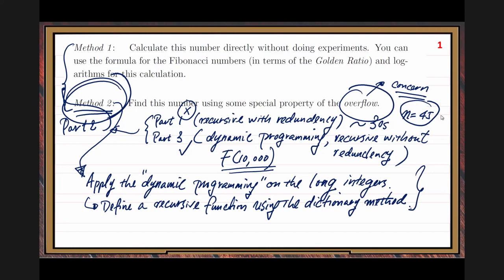Then, sooner or later, you need to do the calculation f of n equals f of n minus 1 plus f of n minus 2, and this step would give you that overflow. The overflow would occur, and you would need to catch it.